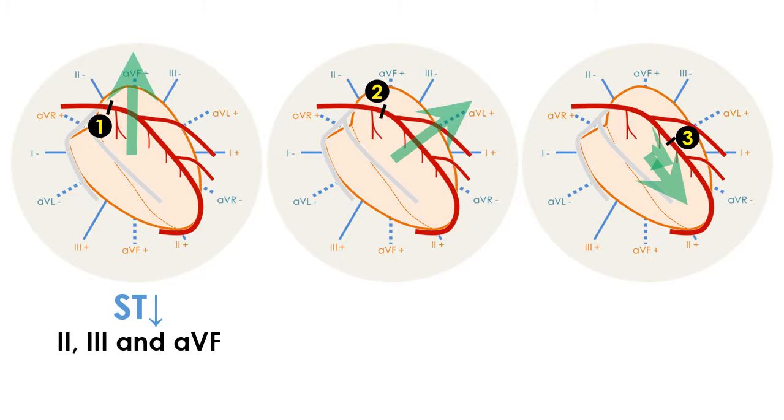In occlusions that are proximal to both the first septal and the first diagonal branches, the ST segment is depressed in all the three inferior leads because the ST deviation vector has a superior direction.